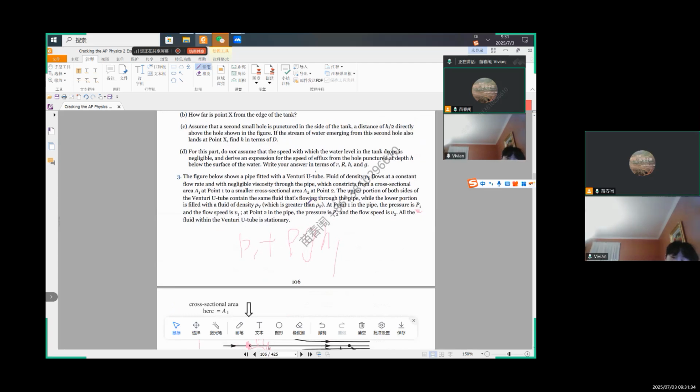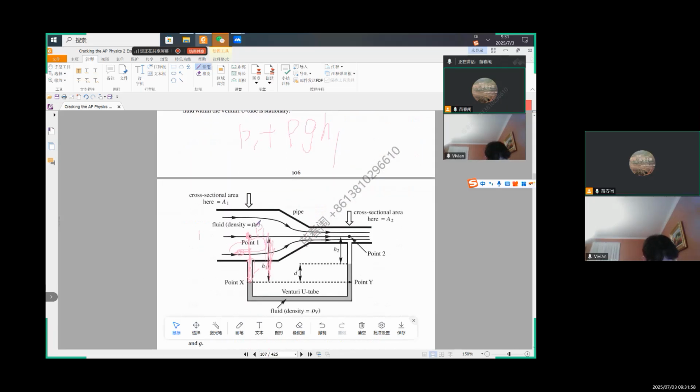In pipe 1, we have rho V, probably not the case. I think we have rho F, and they mentioned it in here too.